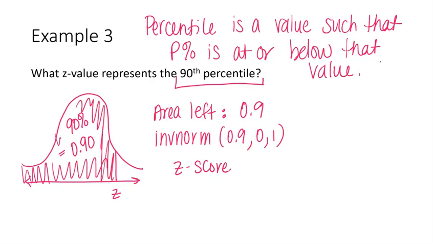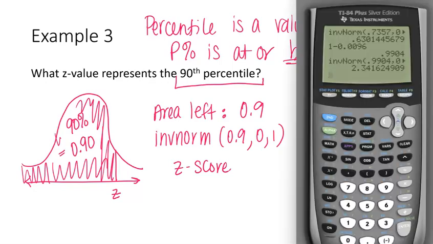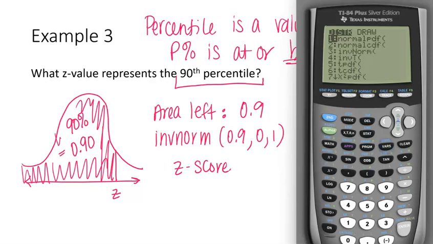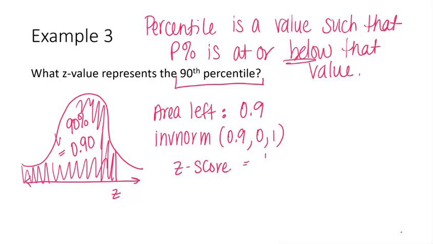Because this is at or below, this is automatically area left. So 0.9, 0, 1, 1.28. My z-score is 1.28. Good job, everybody. Let's do just a couple more.